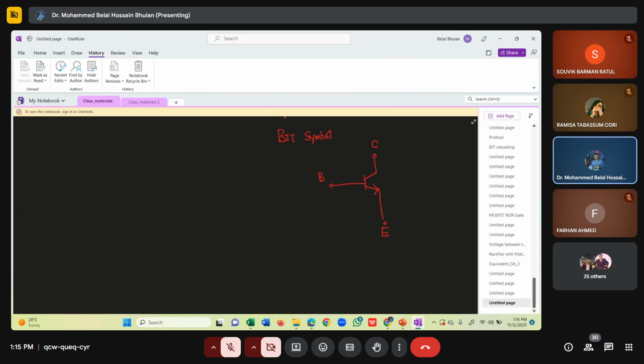Now, the arrow in one terminal does more than identifying which terminal is emitter. Number one, the arrow gives you the direction of the current.